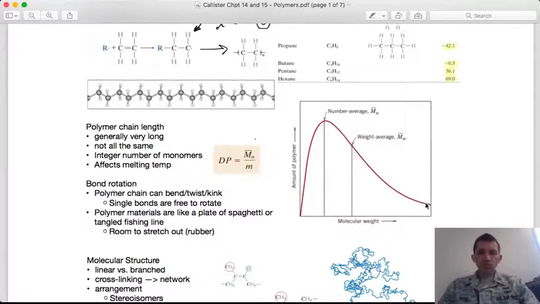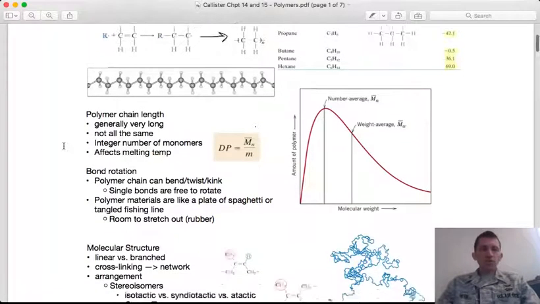I'm skewed towards higher weight molecular chains. Even though there are fewer of them, they are heavier, and so that tends to skew my weight average to a higher value than the number average. But the characteristics of my polymer are important in the sense that I have an average weight and then also a distribution, right? So the width of this distribution is important when considering the type of polymer that I have.